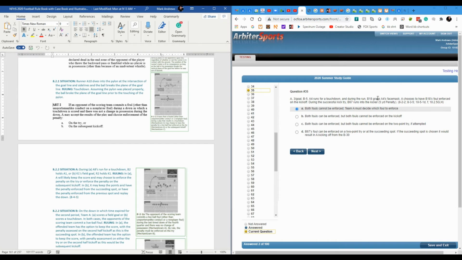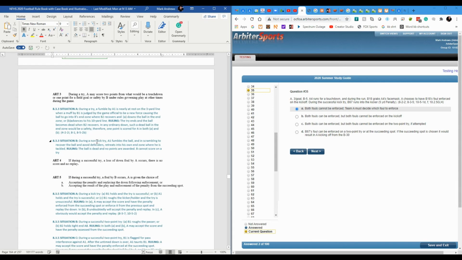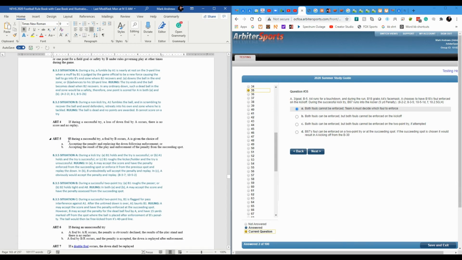So he runs into the kicker, and that penalty enforcement is discussed in 8-3-5 under tries. If during a successful try a foul by B occurs, A is given the choice of accepting the penalty and replaying the down following enforcement, or accepting the result of the play and enforcement of the penalty from the succeeding spot. Now, the succeeding spot is the kickoff, right?